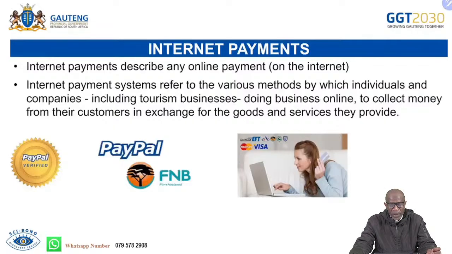An internet payment system refers to the various methods by which individuals and companies, including tourism businesses, do business online to collect money from their customers in exchange for the goods and services they provide.